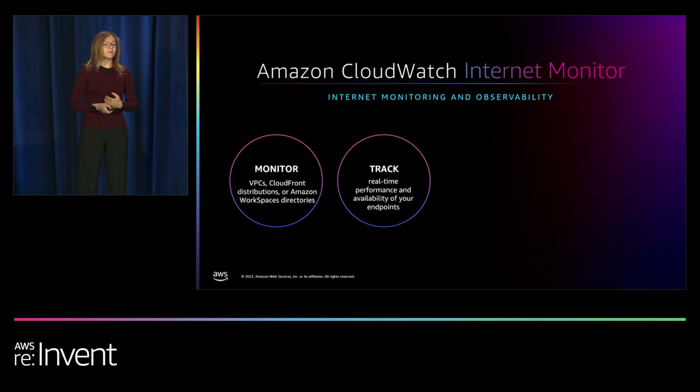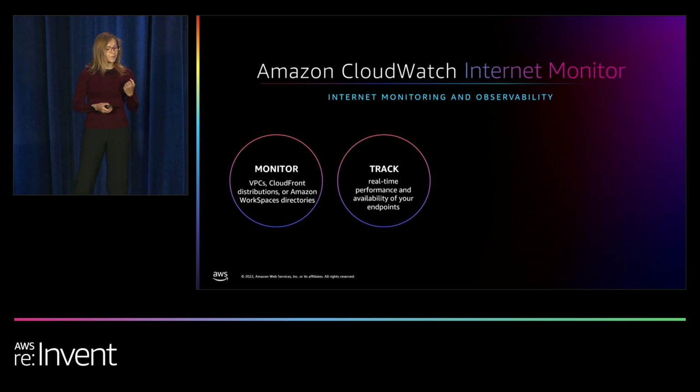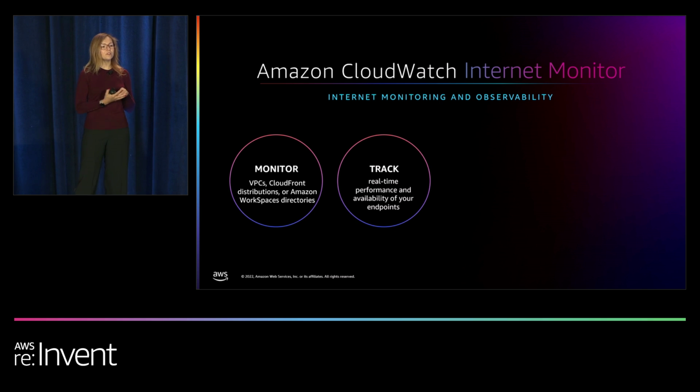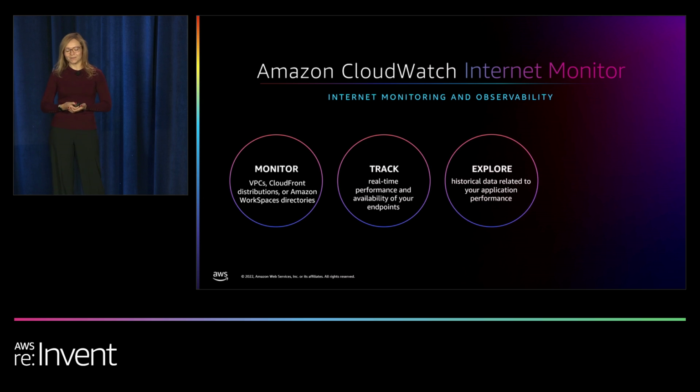Once you monitor them, you can start tracking real-time performance and availability for your endpoints, which is an extremely powerful piece of information to understand the user experience related to your endpoints, right? You may see everything healthy related to your, I don't know, CloudFront distribution, but if something in the internet weather is not right, your end users may have a very bad day and experience.